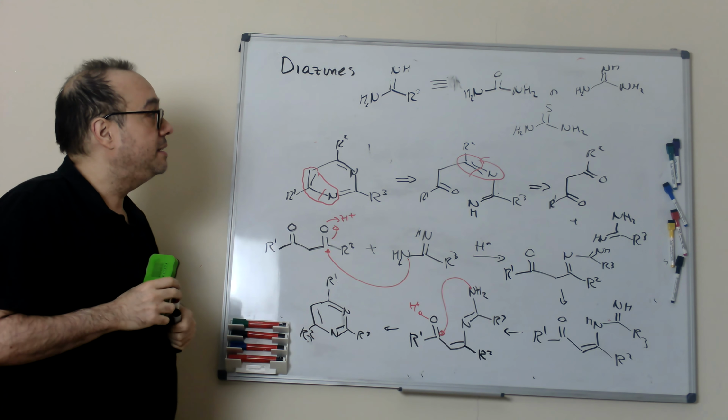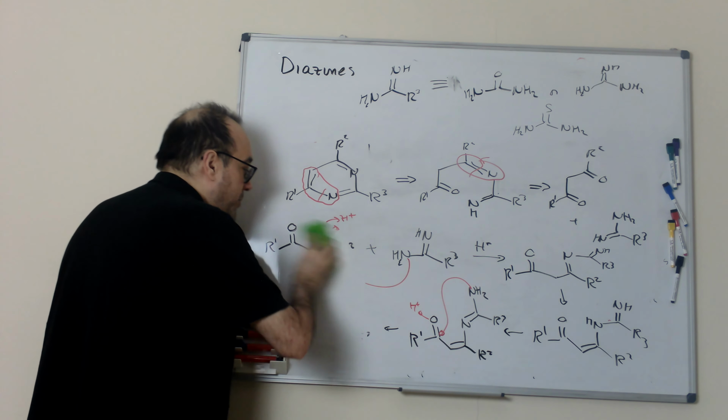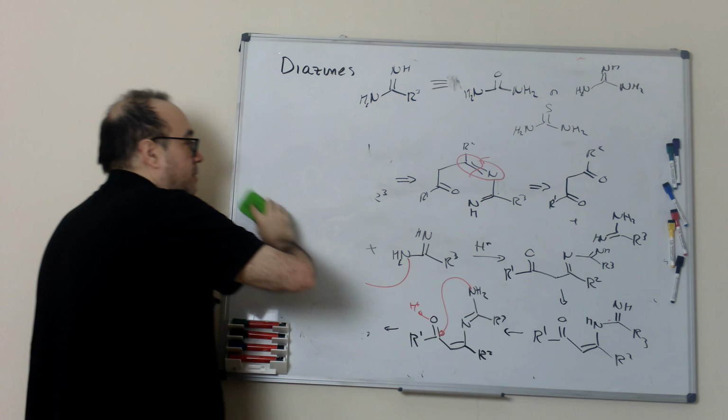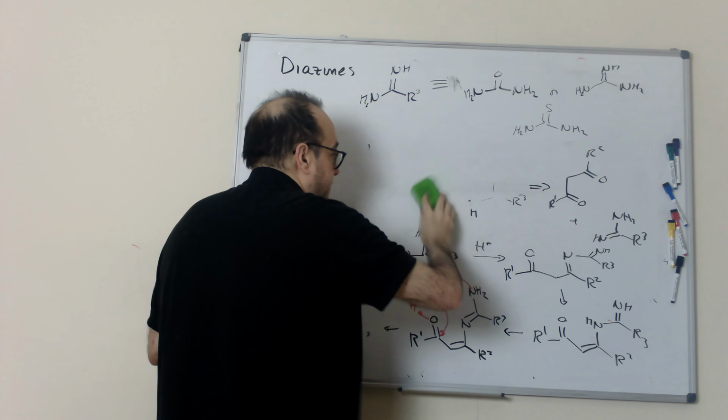And then to finish this course, I will talk about basicity. It's something that I talk about during each lecture, but I will summarize when a compound is basic or not when we have heteroaromatics.